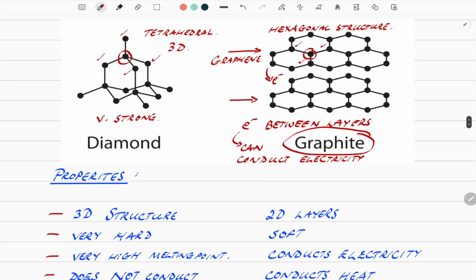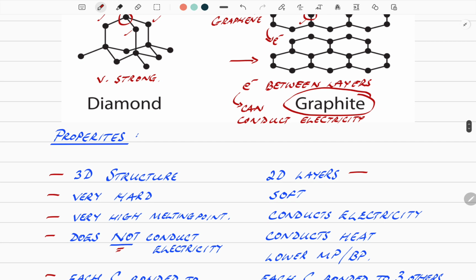Graphite, on the other hand, is made up of 2-dimensional layers. As we already talked about, flat layers and multiple layers then make up some sort of a 3-dimensional shape, if you like. The material is generally soft because it has no strength in the 3rd dimension. Yeah, very, very weak bonding between the layers.